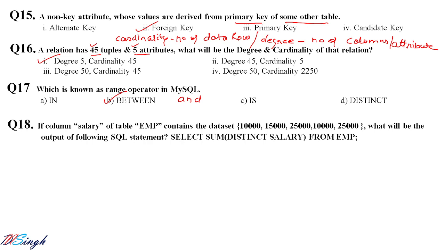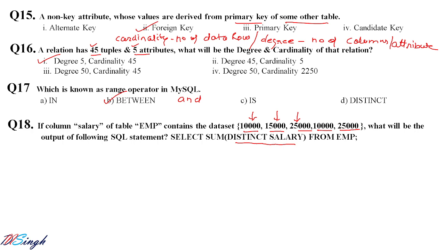If a column salary of a table contains this data set: 10,000, 15,000, 25,000, 10,000 and 25,000, what will be the output of the following? Select sum of distinct salary from EMP. You have to keep in mind we first find the distinct values. So 10,000, 15,000, 25,000, only these three are distinct. Now 10,000 is coming again and 25,000 is also coming again.